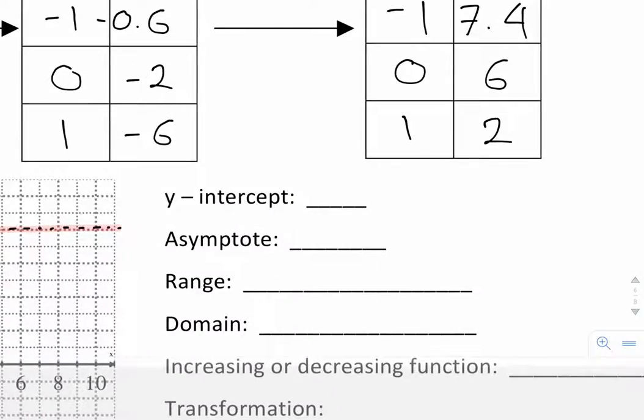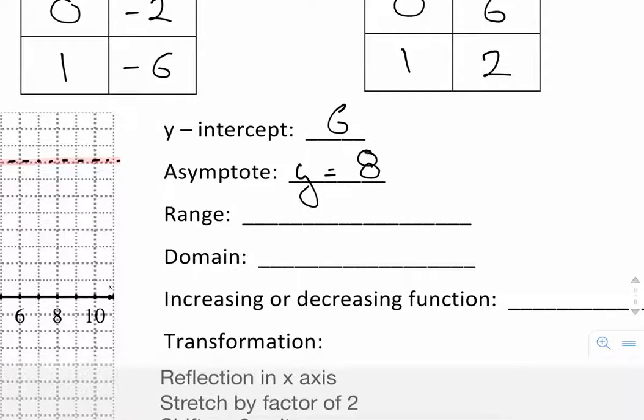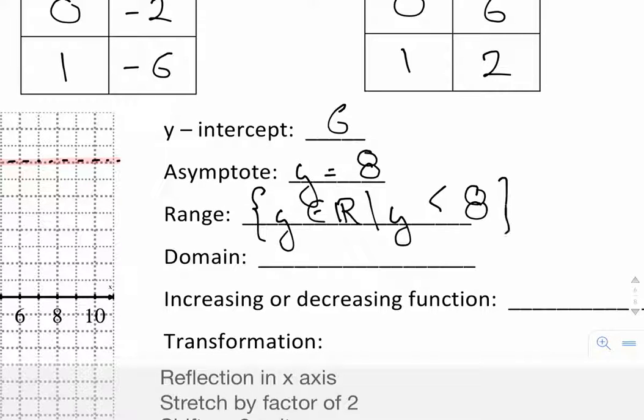My y-intercept, well, we already said that was 6 from here. The x value is 0. My asymptote, we said, is y equal to 8. My range is all real numbers such that y is less than 8. And my domain is all real numbers, no restrictions on the domain.